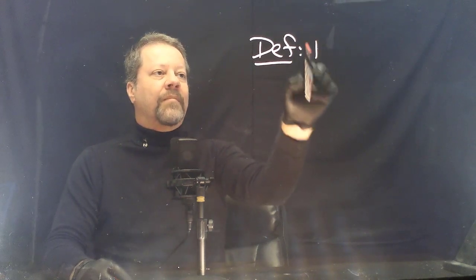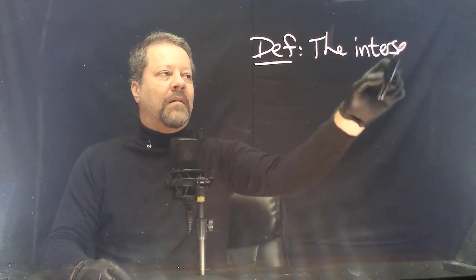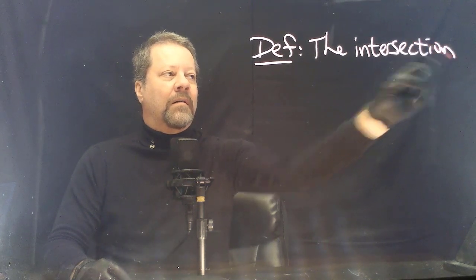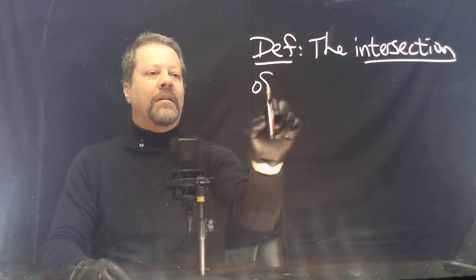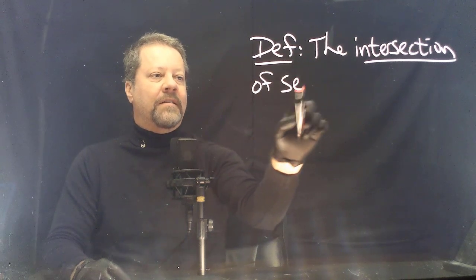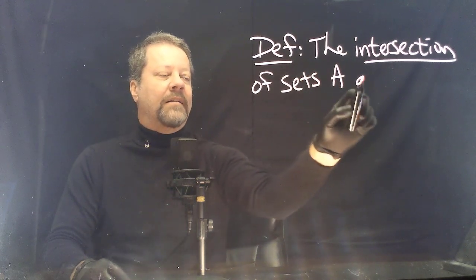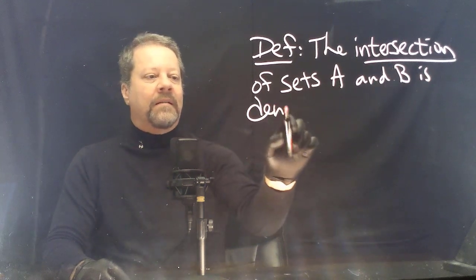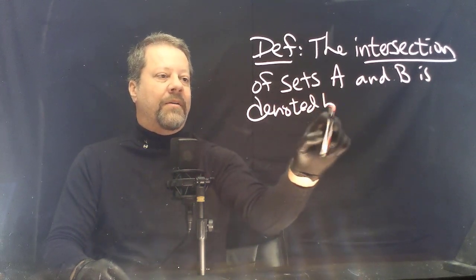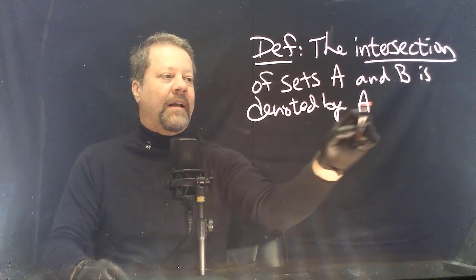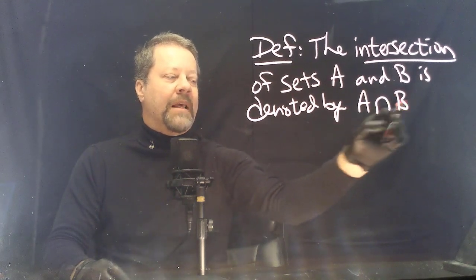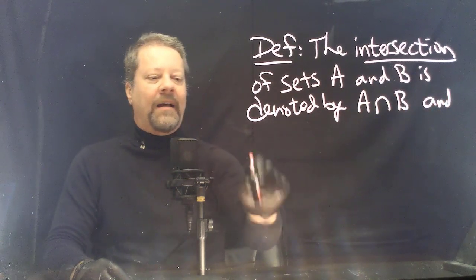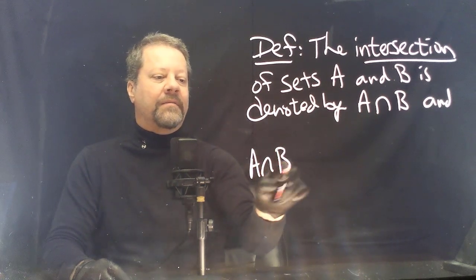Another operation is the intersection. The intersection of sets A and B is denoted by A intersect B, and here's the definition.